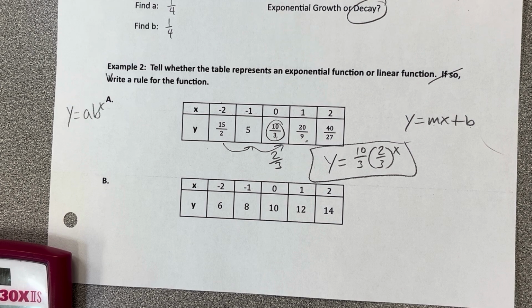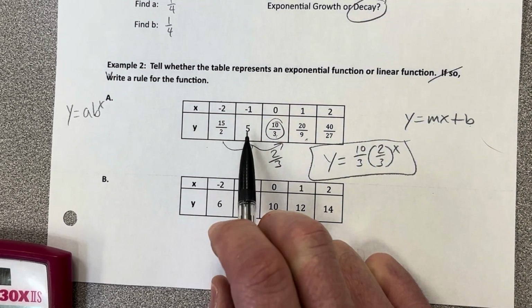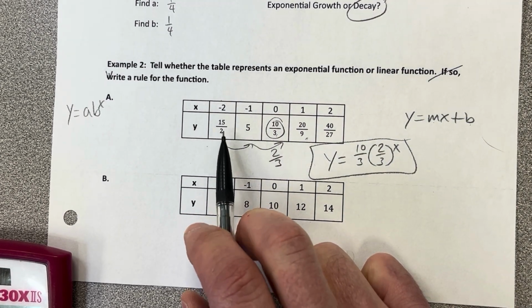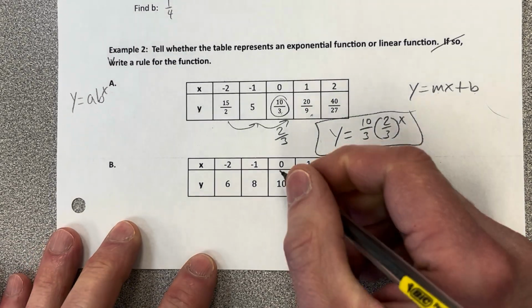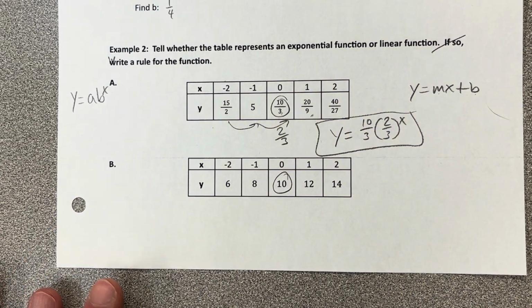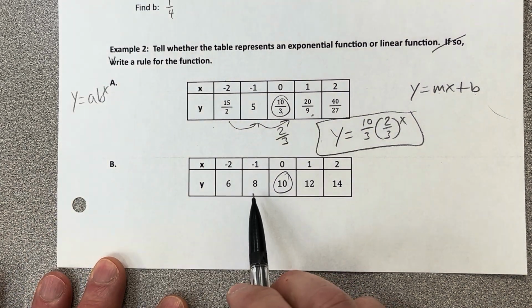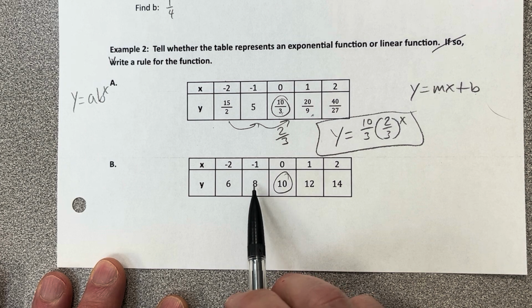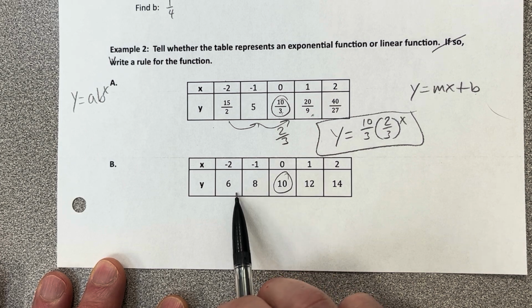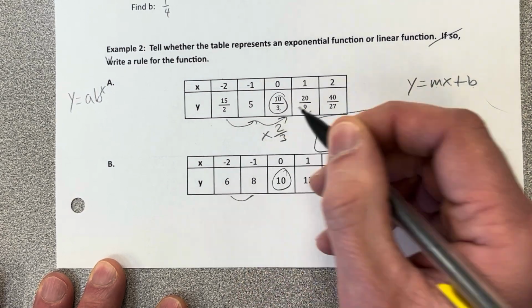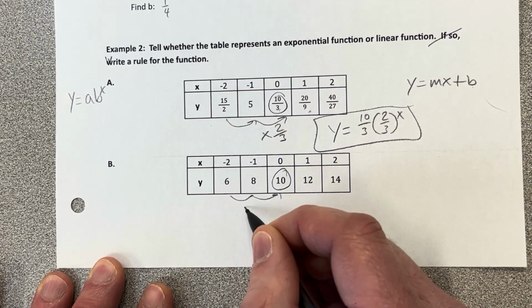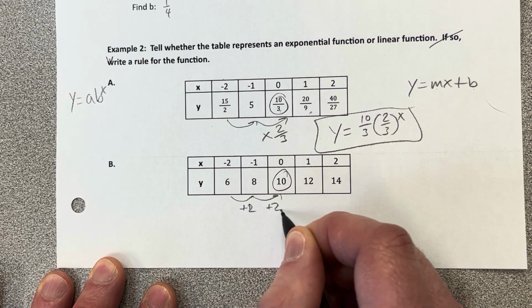Okay, so if it wasn't exponential, we would have done 5 minus 15/2 to find out what the common difference is. Okay, so on the next one, there's our y-intercept no matter what we're doing, but the pattern could be exponential, but I'm seeing pretty quickly that this is linear. Over here they multiply, but here they're adding 2 each time. That's linear.